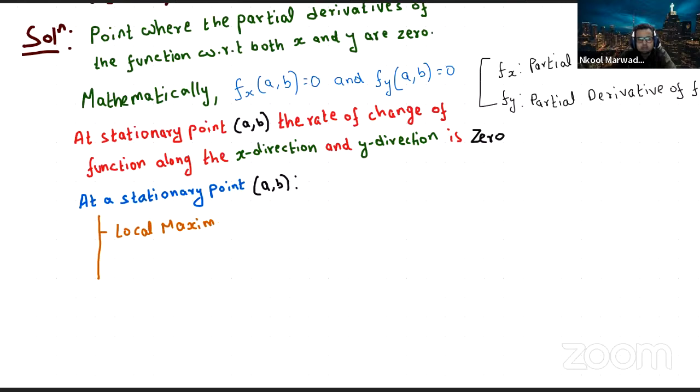To be more precise, a stationary point can be a point of local maximum.